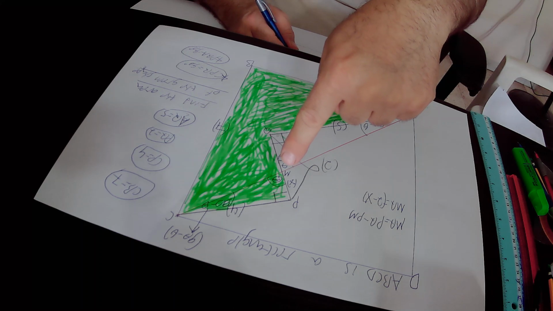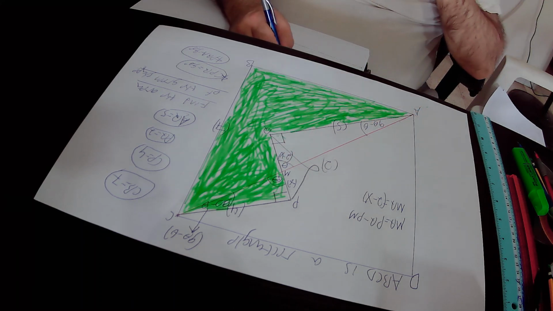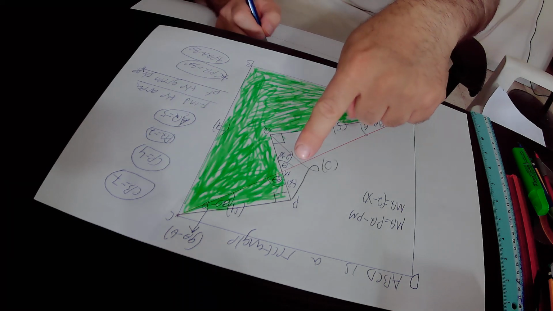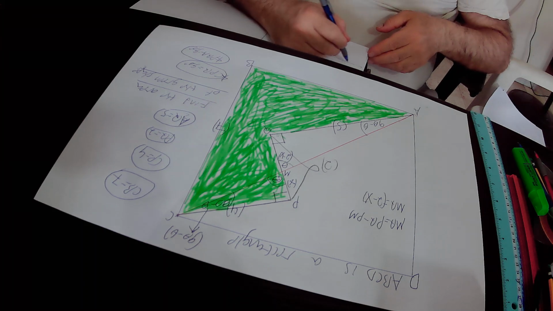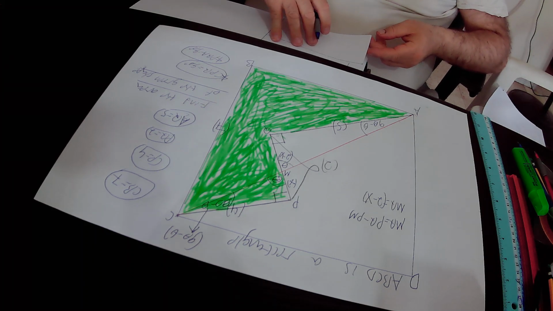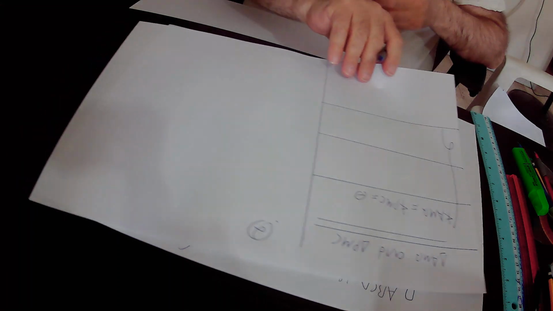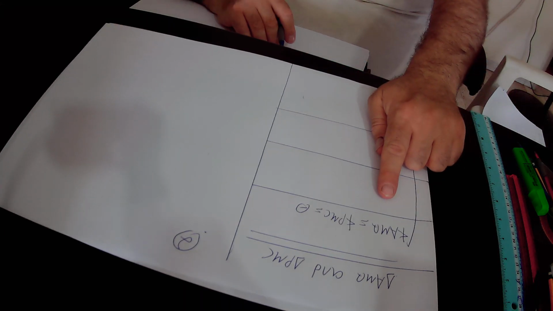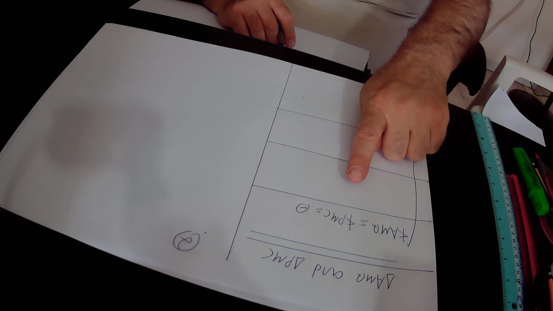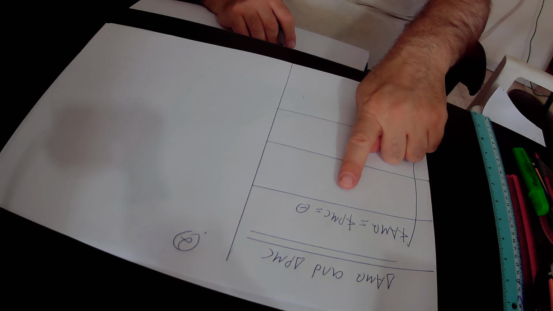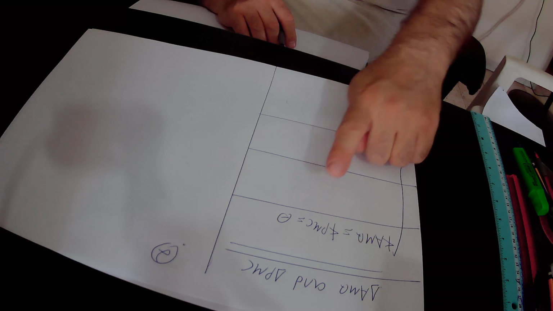This is actually angle PMC in the right green small triangle PMC. Repeat again. Angle AMQ in the right triangle AMQ equals angle PMC in the right triangle PMC. They are both equal to theta, therefore they are equal to each other.